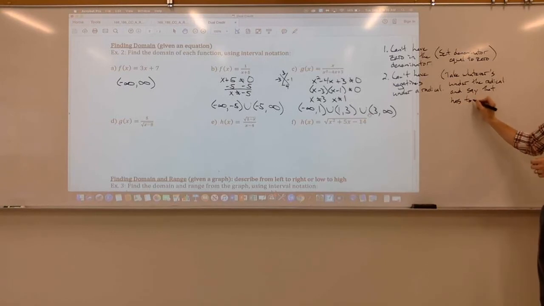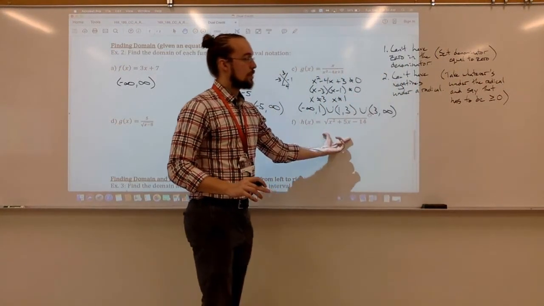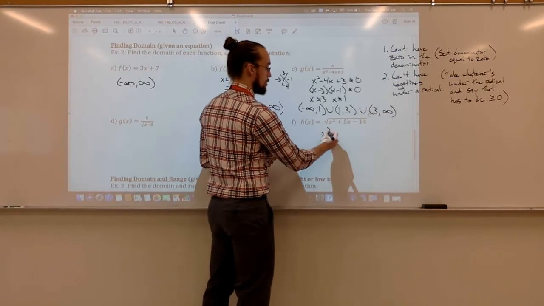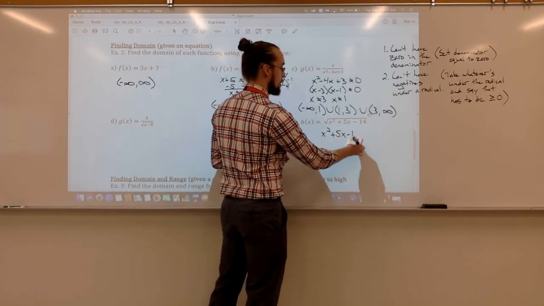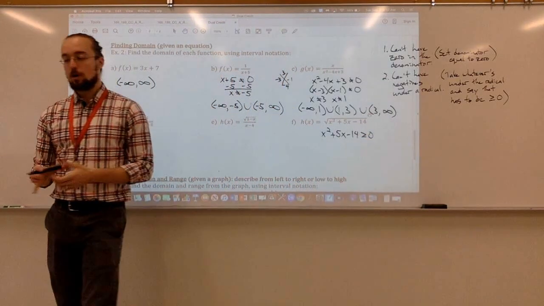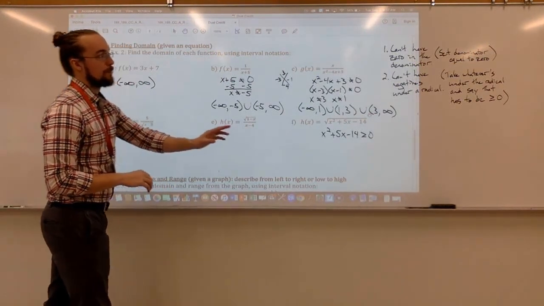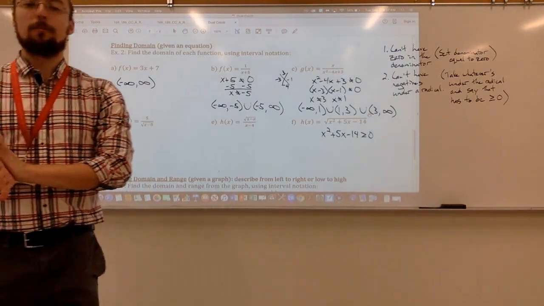So this means x squared plus 5x minus 14 has to be greater than or equal to 0, and we would solve that. Alright? We'll pick this up tomorrow.